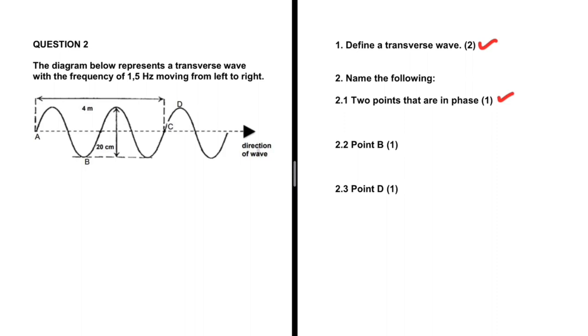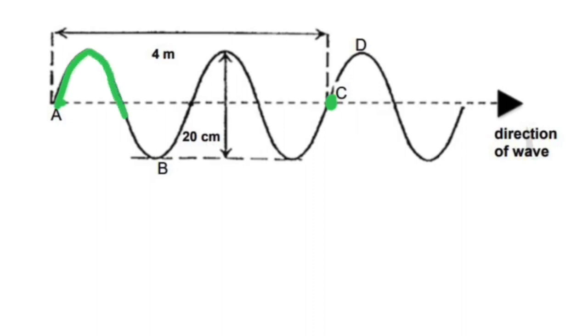So let's go ahead and take a look at our sketch. Between A and B, do we have a whole number of wavelengths? No, we don't. Between A and C, do we have a whole number of wavelengths? Let's go ahead and find out. This is one wave up to this point, and this is the second wave.